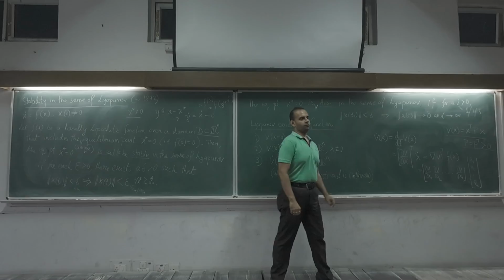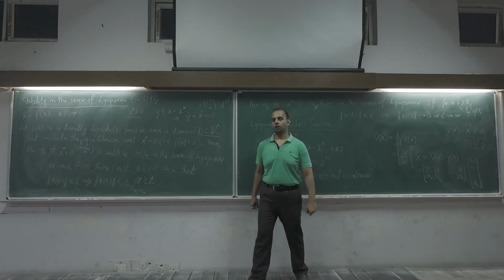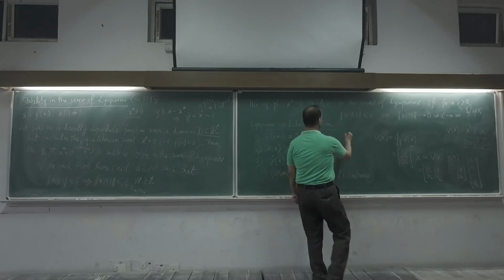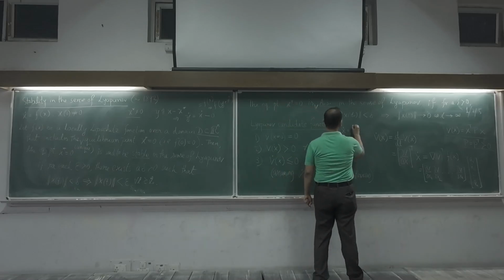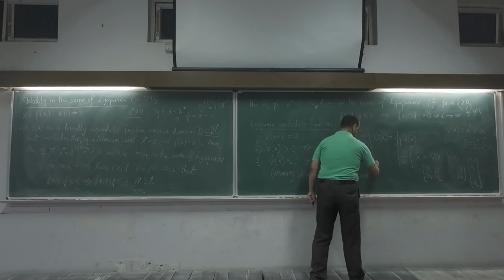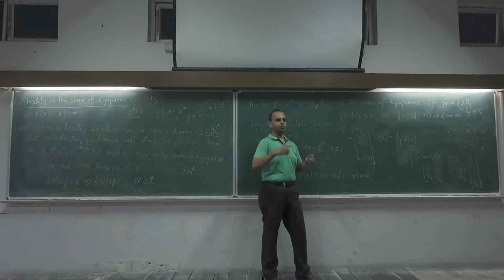This is your, because originally you have x dot equals f of x. Now what does it mean? That is f1 of x, f2 of x, ultimately fn of x. Here also on the left hand side it will be x1 dot, x2 dot up to xn dot.